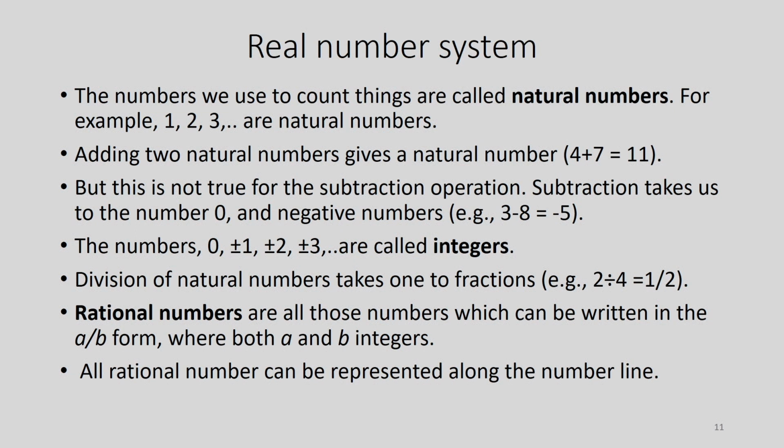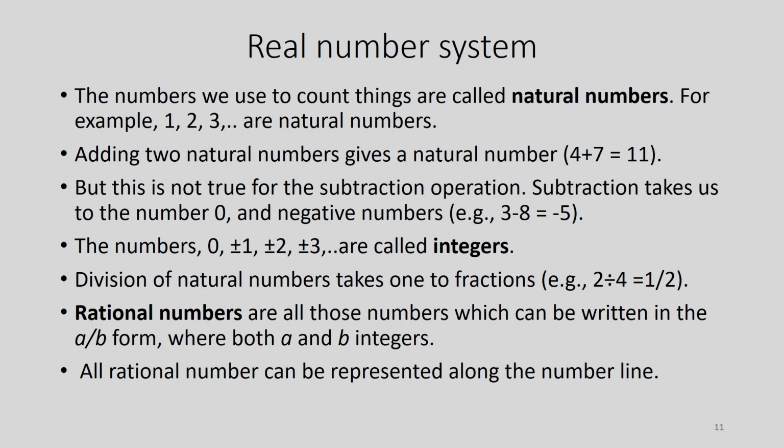So, if you do subtraction, then you go outside the group of natural numbers, and if you include all the numbers that you get, they are called the integers. So, the numbers 0, plus minus 1, plus minus 2, plus minus 3, like that you can go on, they are called integers.